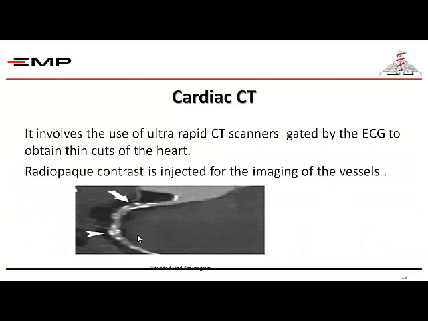Cardiac CT is a semi-invasive test. It involves the use of ultra-rapid CT scanners gated by the ECG to obtain thin cuts of the heart and vessels. You can inject a smaller amount of radio-opaque contrast, maybe 50 cc's, via a peripheral vein for the imaging of the vessels.